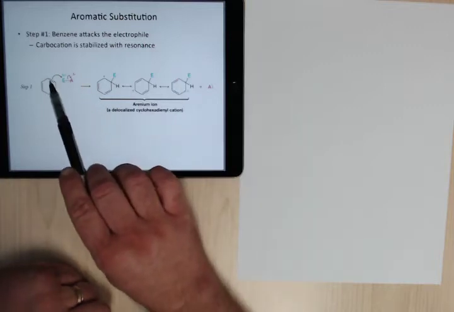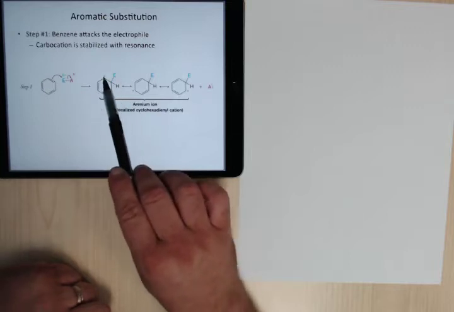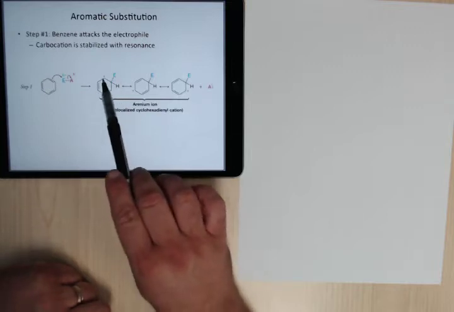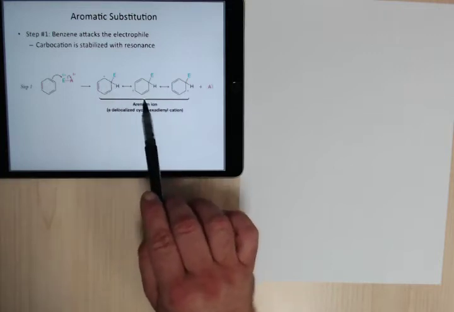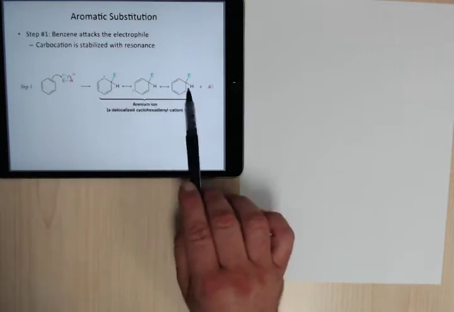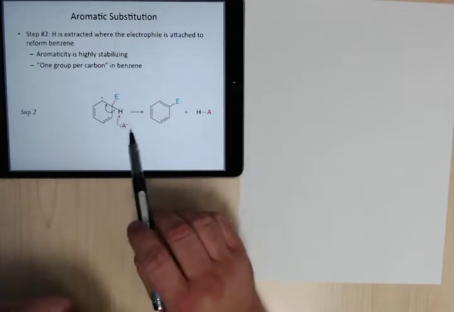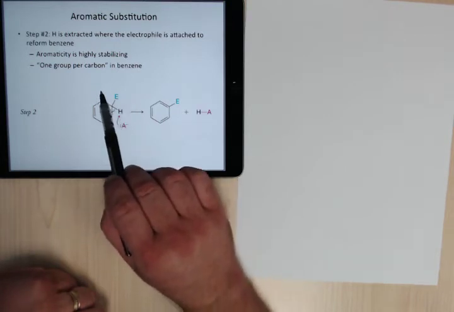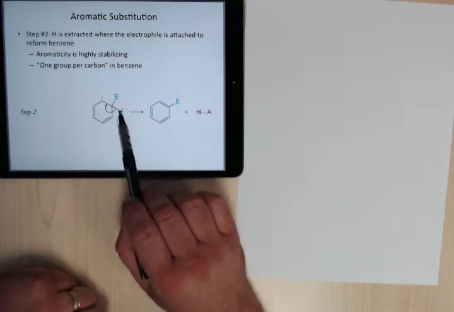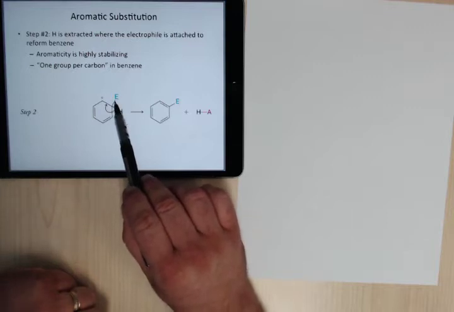You're going to get the double bond again attacking here, pushing that away to get the carbocation. Now the nice thing with benzene is you can do resonance structures around the ring to help stabilize that charge. Then the negatively charged thing, instead of coming in and attacking here, is going to remove the hydrogen where the electrophile was added.